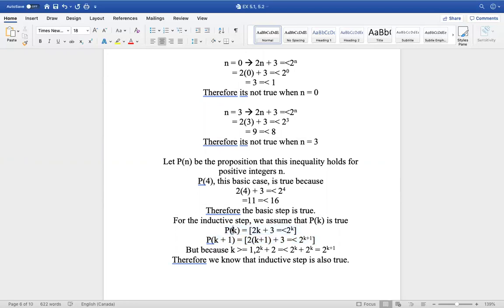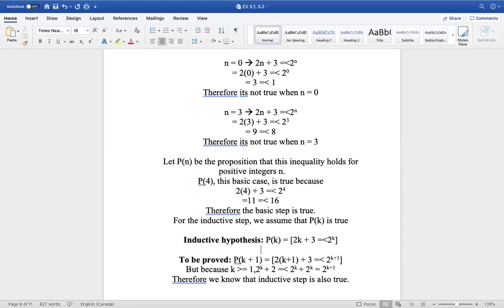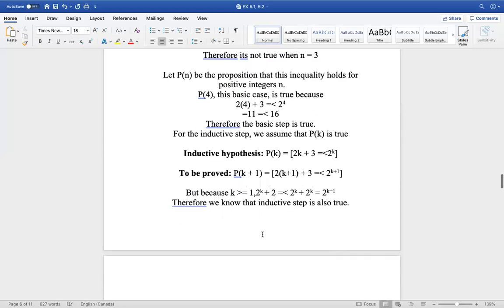This is our inductive hypothesis, okay? And then we have to prove this thing here. And then we are just proving this thing here in this step here.